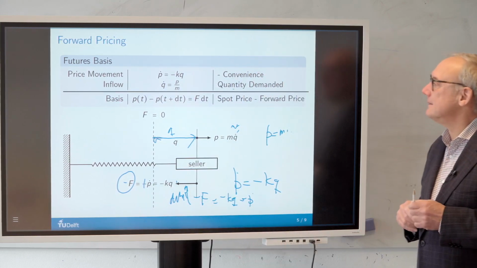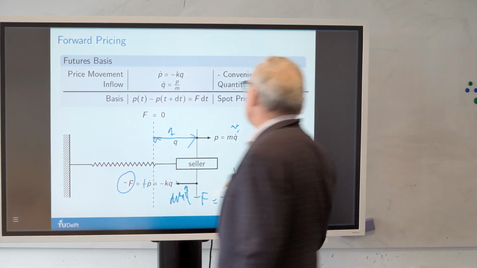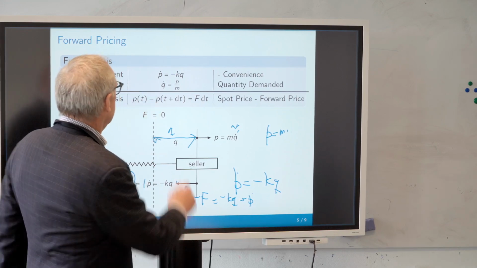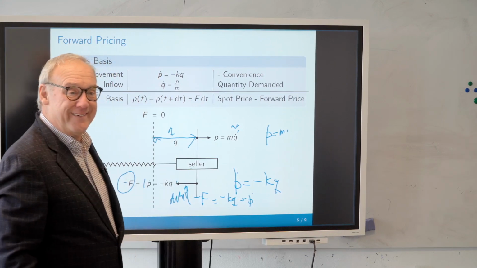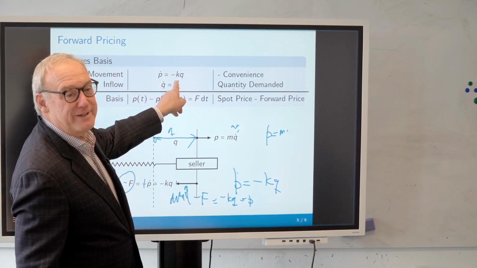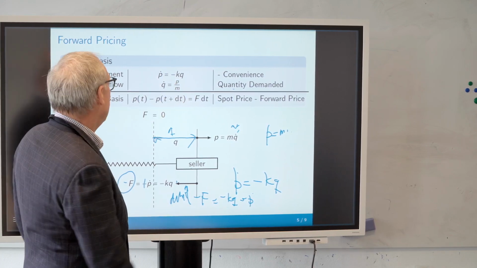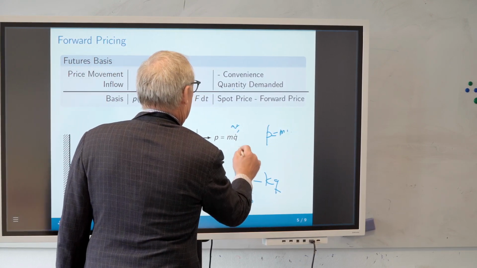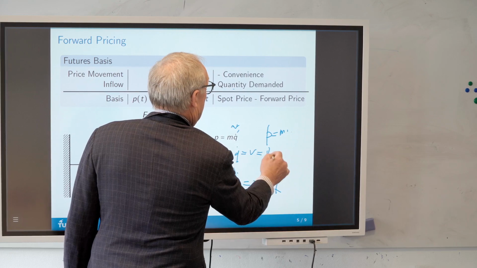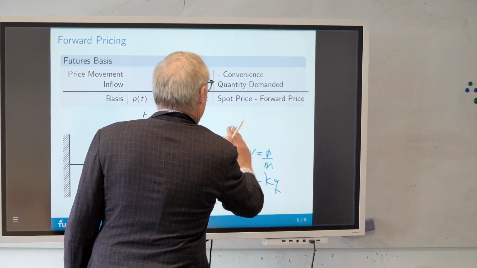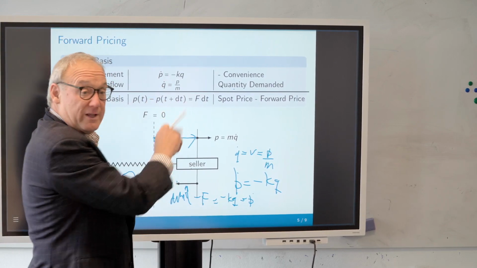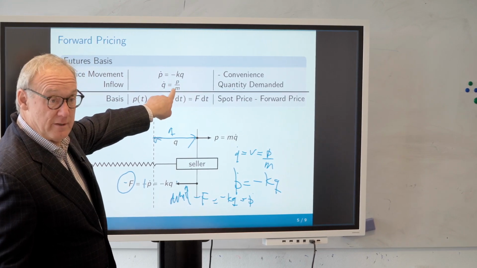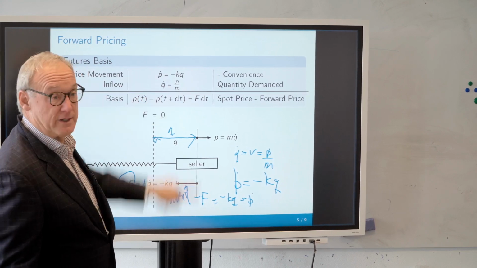Okay? So there's a couple of interesting things we can see here. We can see that the price movement is equal to the negative of the convenience, right? And because of this equality here, we can see that the inflow into the stock is equal to the price divided by the inertia.